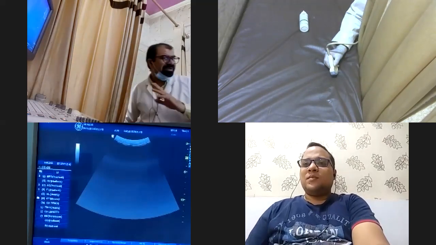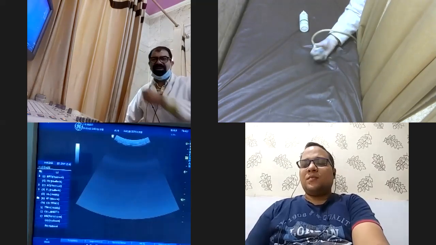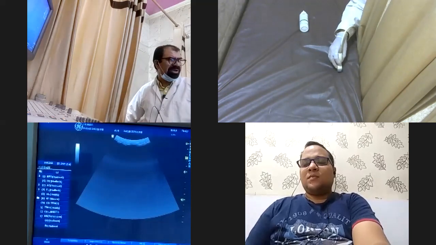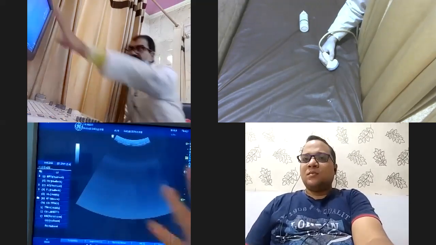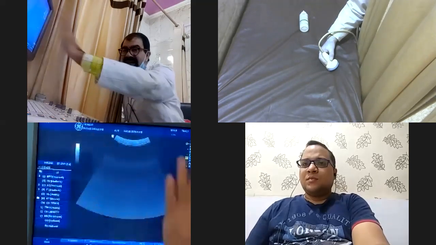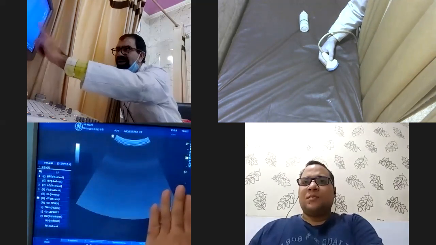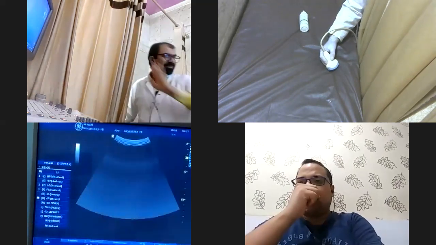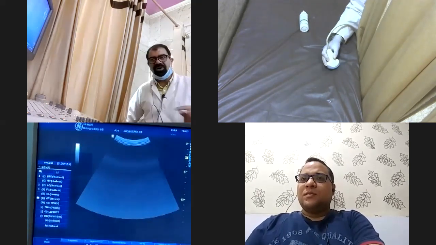Are you getting the point? Yes, sir. But if you are comfortable with anti-clockwise rotation, and the important point is that you know the screen orientation, that for me the superior is not here but superior is here, and inferior is not here, inferior is here, you can rotate anti-clockwise also.